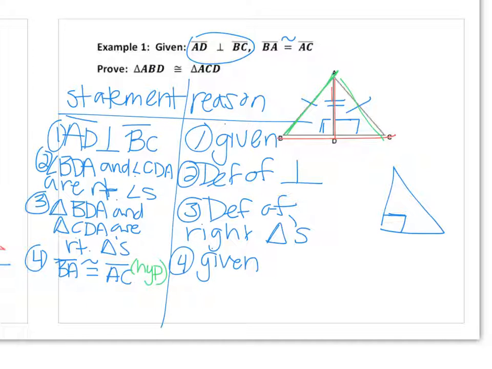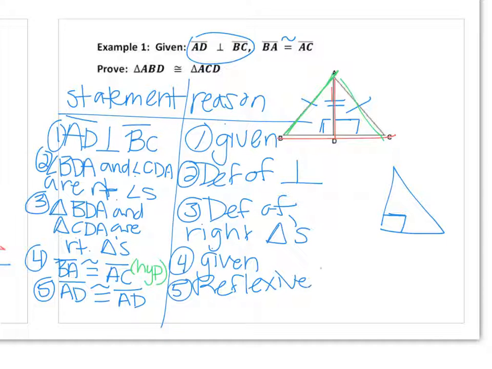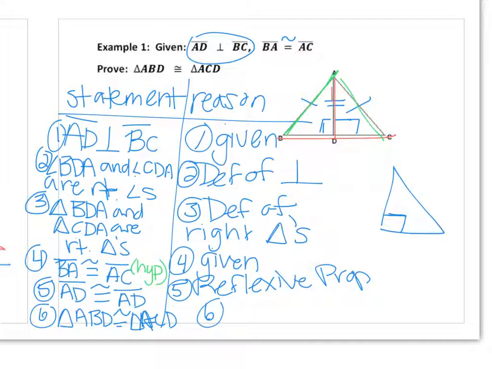So I need a set of legs. So why would these triangles be congruent? Let's see. My set of legs would be AD is congruent to AD because of reflexive. All right, so for 6, the triangles are congruent because of hypotenuse, and then here was my leg, so HL.